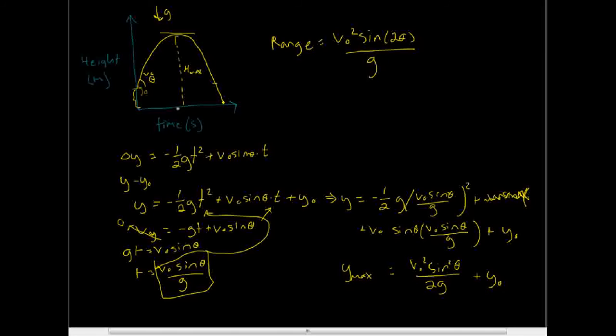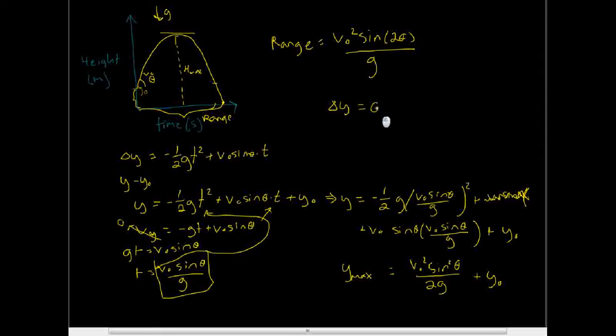So the question is, can we use this equation to figure out the horizontal range, which is going to be right here, that length? And the answer to that is no. One of the reasons why that worked in the last case was we took the delta y equation and we said delta y equal to 0.